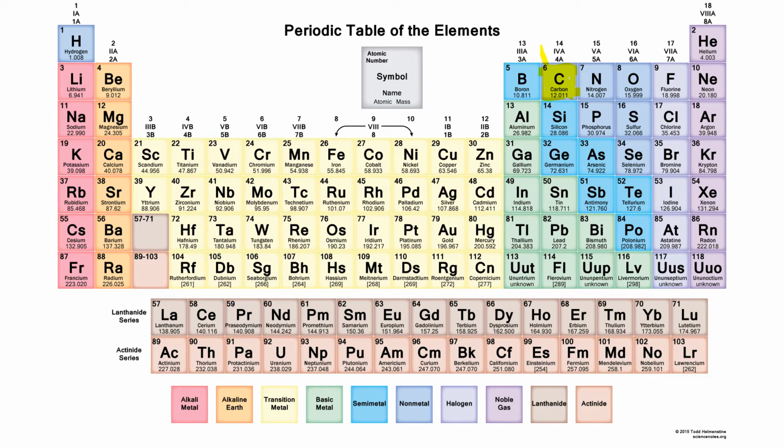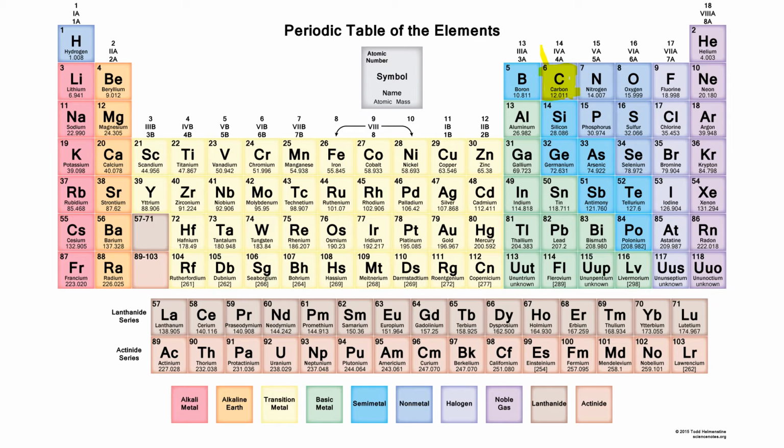That means every carbon atom in the universe has 6 protons in it. Remember, protons matches the atomic number. It's what makes carbon carbon. Every carbon will have 6 protons. If you have a number other than 6 protons, you are not carbon. You have to be something else.